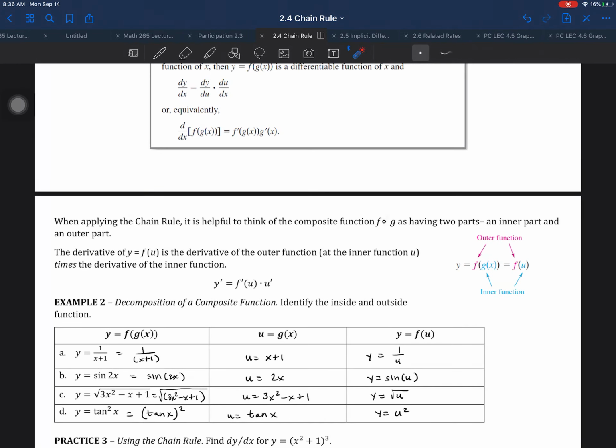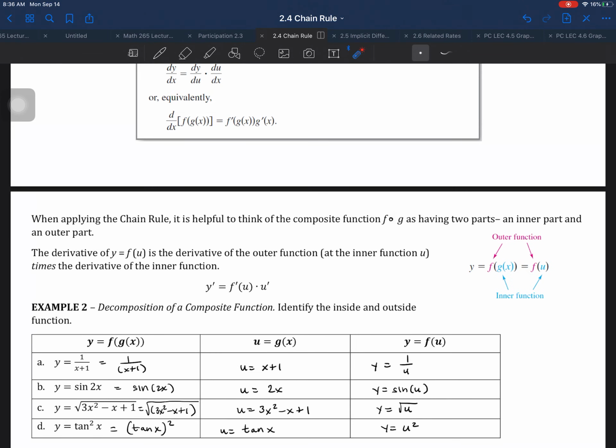Now, where does this rule come from? You guys have the tools to actually find it. All you have to do is use the derivative definition, the limit as h goes to 0 of f of x plus h minus f of x all over h.